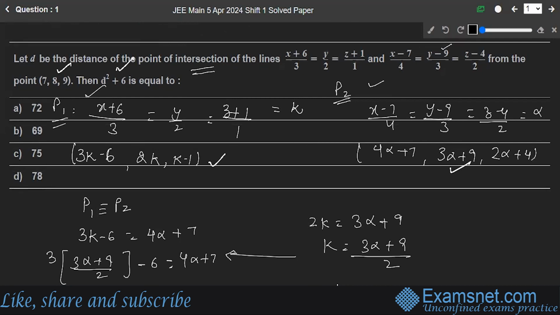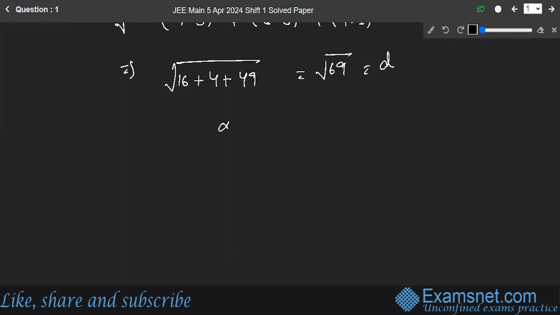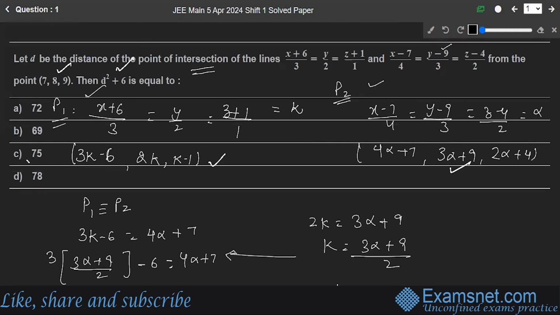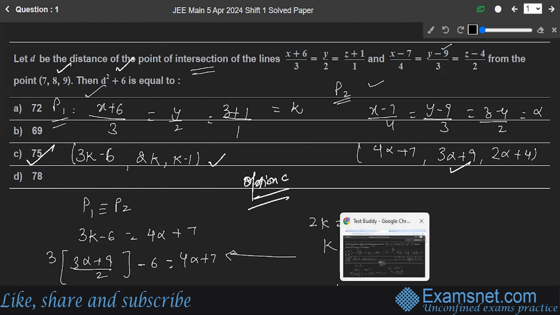So D square plus 6 will be root 69 square plus 6, which is equal to 75. So this is the answer to the question. We have option C as the correct answer. Hope you're clear with this. Let's move to the next question then.